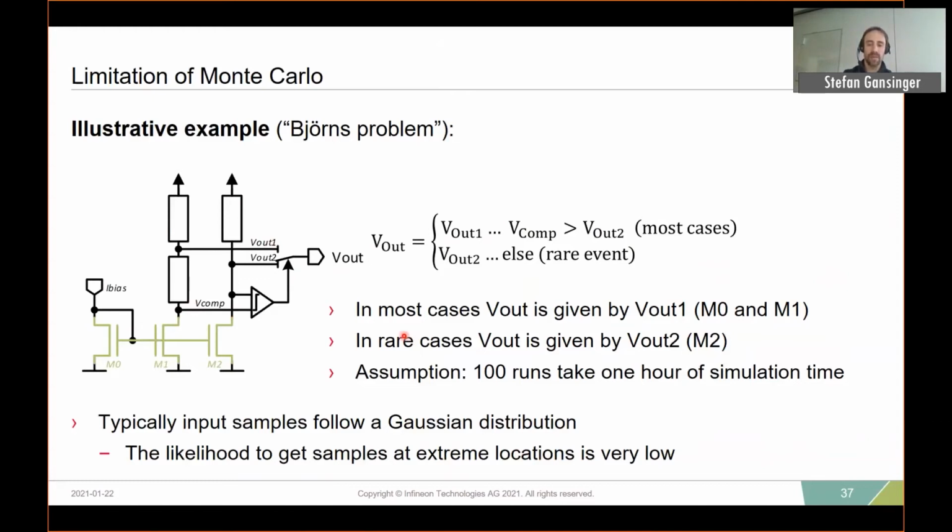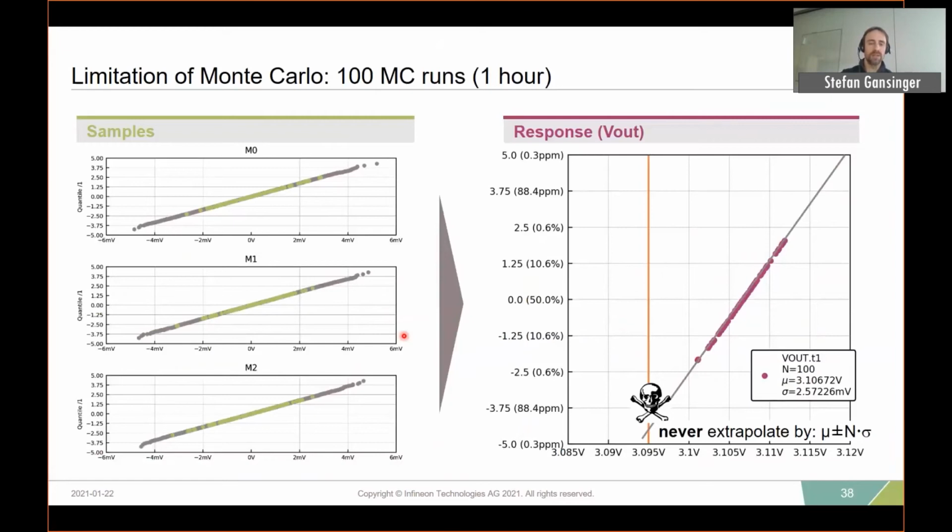The purpose of this example is now to show you what we can do with Monte Carlo, but also what the limitations are. So let's assume we do a Monte Carlo simulation with 100 runs. On the left side, you see the three transistors, and there are threshold voltages in green, which are taken by the simulator. So there are 100 green dots. Of course, most of the samples are around 0 because this is the highest probability for the values to get.